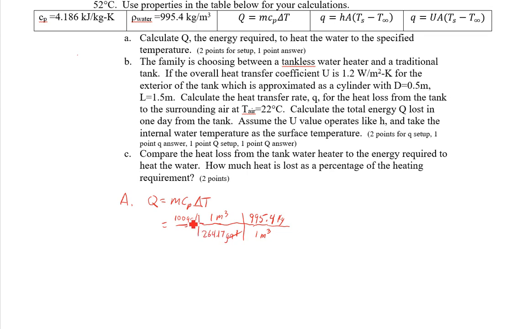So now we've got gallons gone, meters cubed gone, so we have our m, and we're going to multiply that by our specific heat, and this is the average specific heat around this temperature, so we have 4.186 kilojoules per kilogram Kelvin, and then our temperature difference is going to be our 52 degrees C minus our 22 degrees C. So Q on a joules basis is going to be 66.55 megajoules.